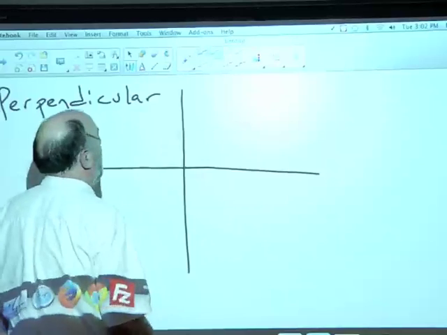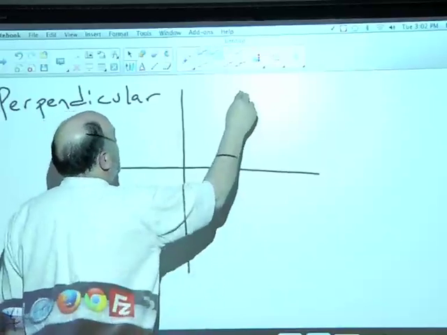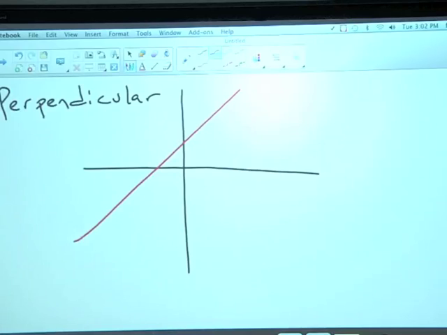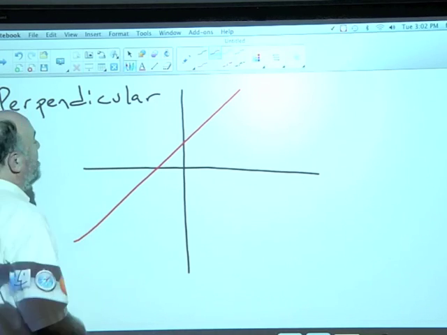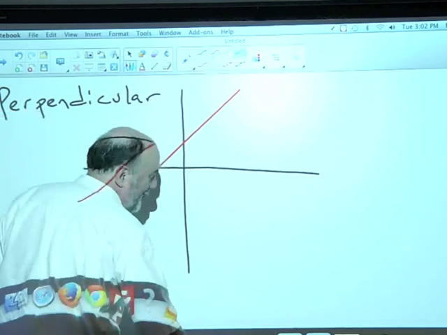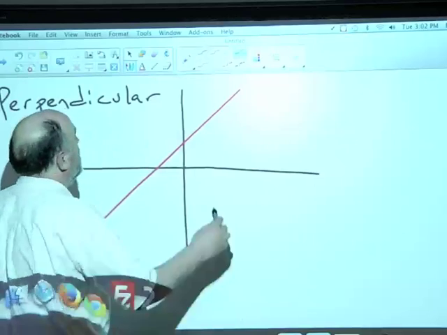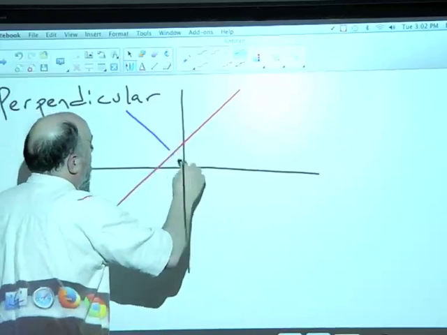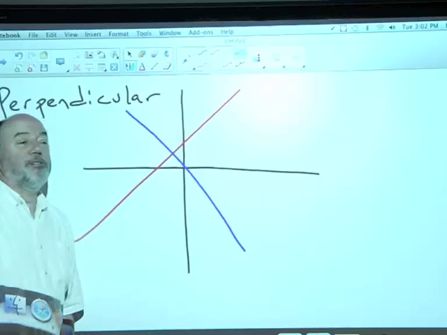Let's draw my first line, which is going to look something like that. If I want a line that's perpendicular to that, what would I draw? It's going to have the opposite slope, right? And where it crosses to form a right angle, right? So you end up with something like that.